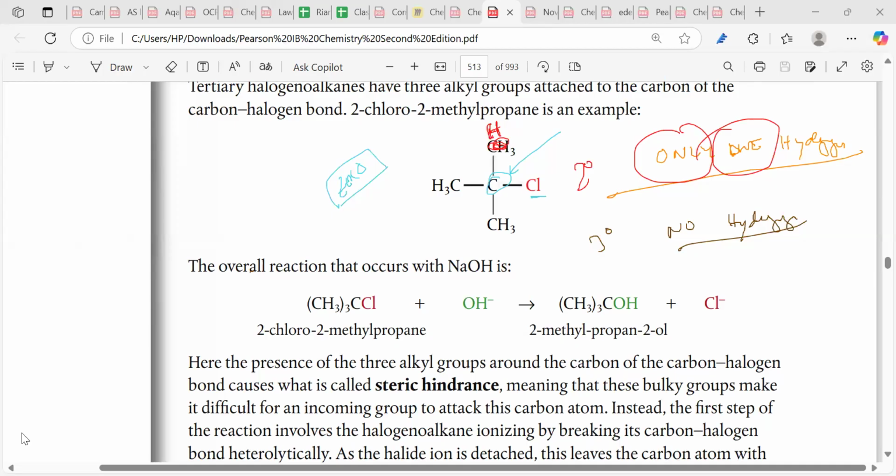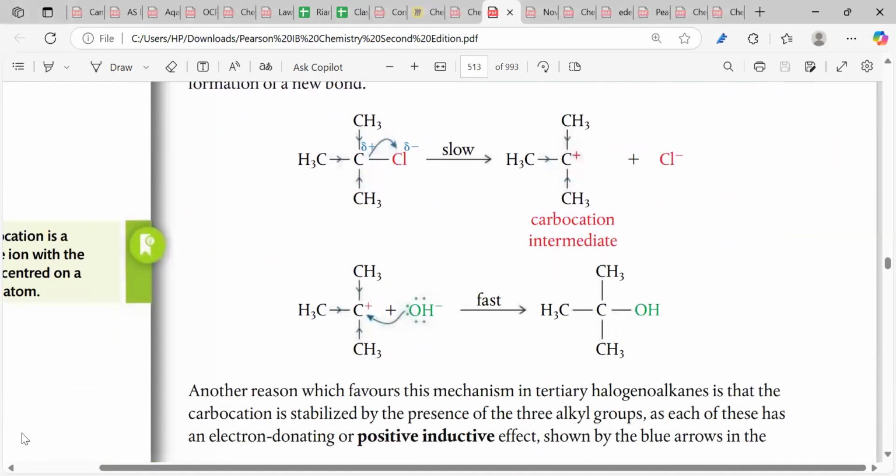When you see this reaction, in the earlier reaction, the OH minus was attacking from the opposite direction because it had the space to attack. But whenever we are seeing a particular tertiary haloalkane, it will have an alkyl group which occupies a lot of bulk, I told you, right?